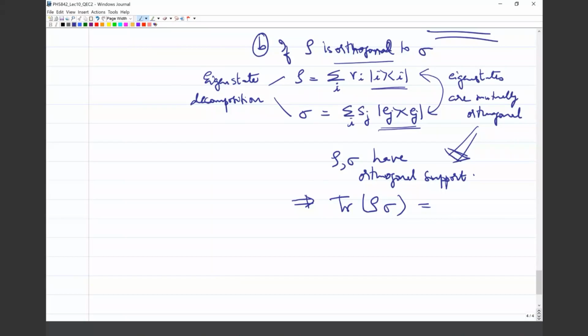We had defined this Hilbert-Schmidt inner product, and this is how we checked, for example, that your Pauli matrices satisfy some properties, right? What is trace rho sigma? It is 0. So this is what we call the Hilbert-Schmidt inner product between operators.